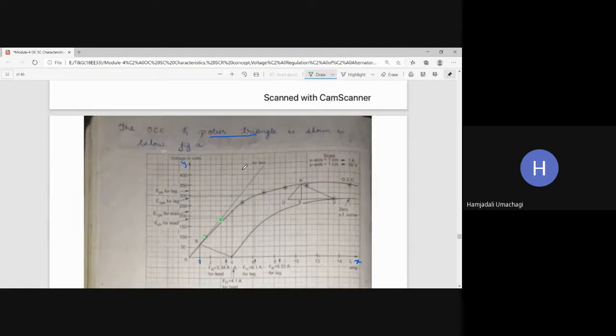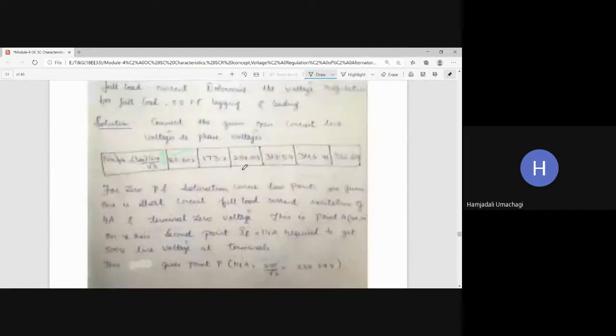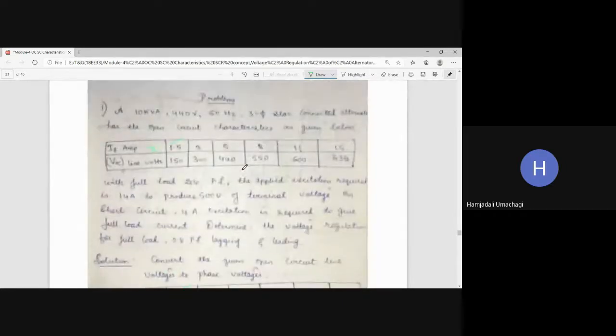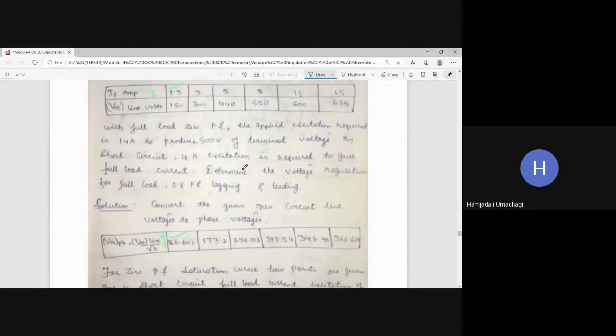Yes, sir. Okay, fine. Then what is the third point? For 5 ampere, the voltage is 254.03.